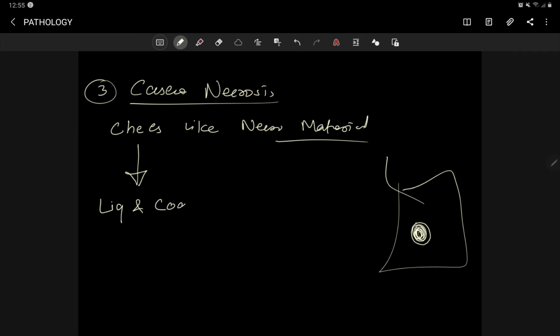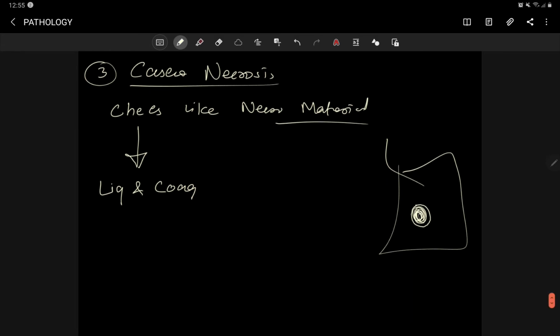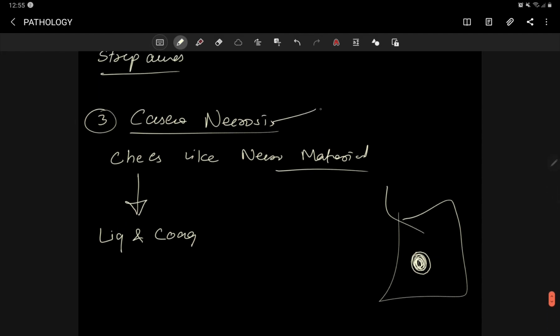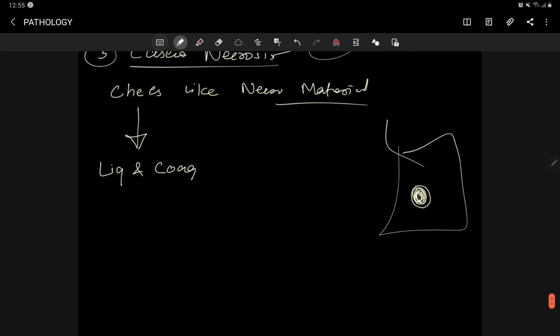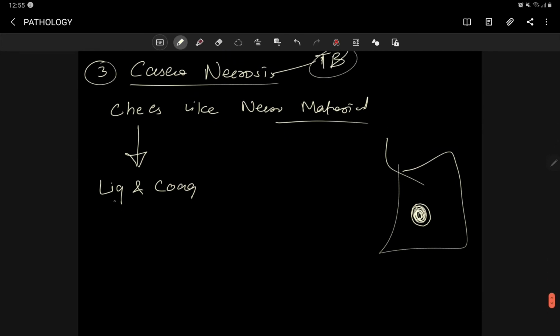Because in caseous necrosis, first of all, an organism infects the person, and most commonly it appears in TB, tuberculosis. And the tuberculosis pathogen first causes liquefactive necrosis, and that liquefied material coagulates inside a particular area, keeping the periphery intact, so other cells are not involved.